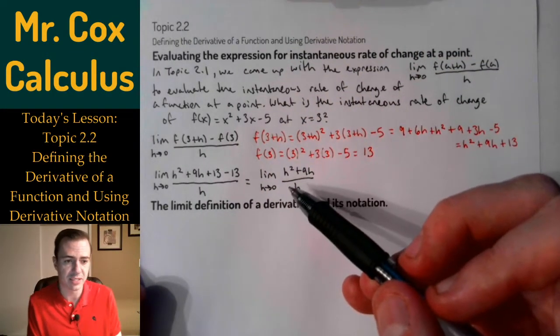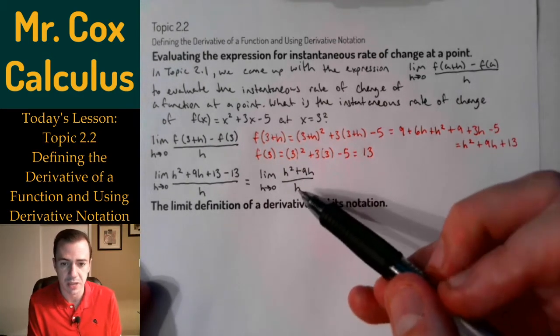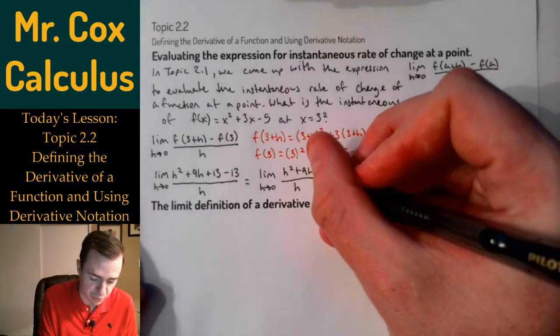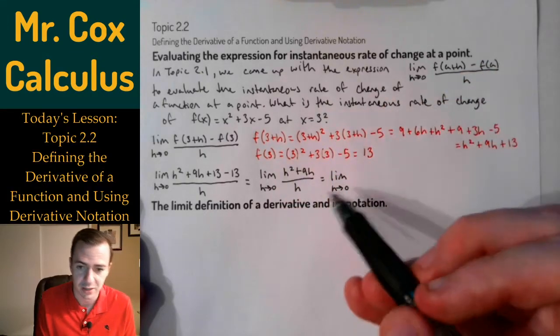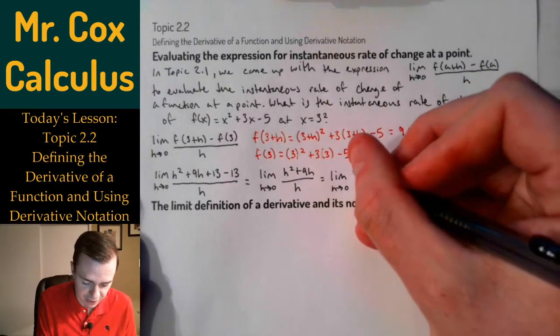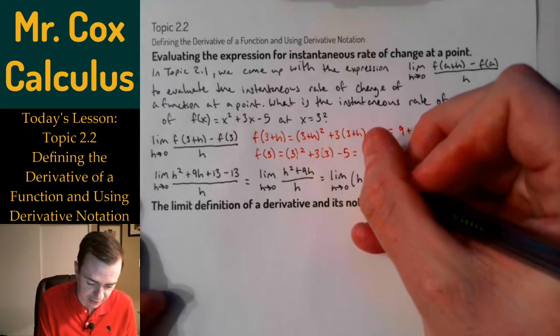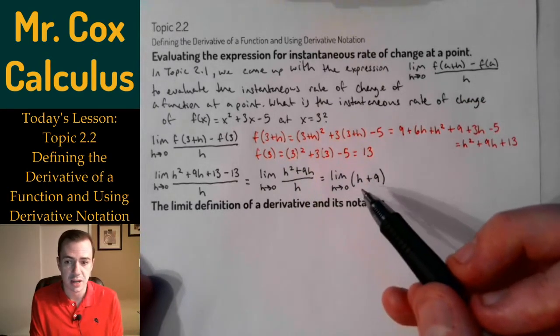I can't use direct substitution yet because I can't substitute 0 into the denominator, but I can divide out an h from every term in the numerator. h squared divided by h leaves h, and 9h divided by h is 9. Now I've got the limit as h approaches 0 of h plus 9.